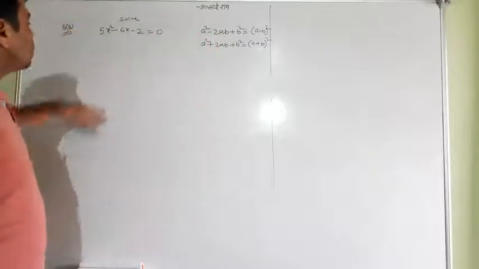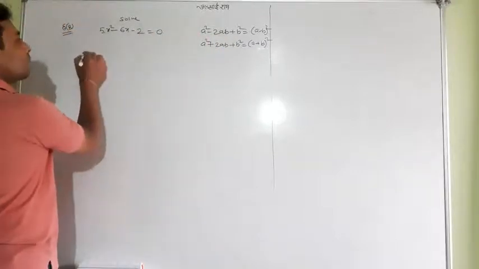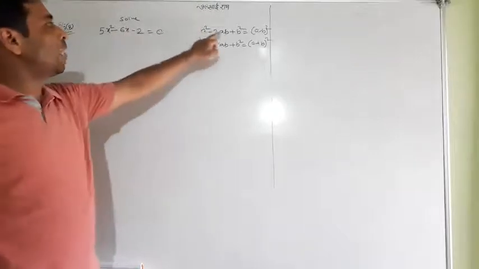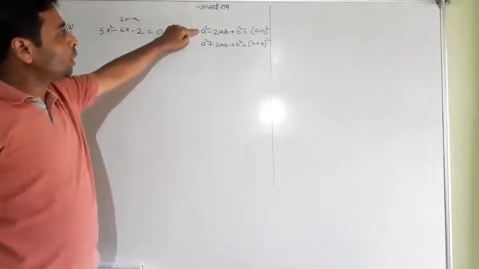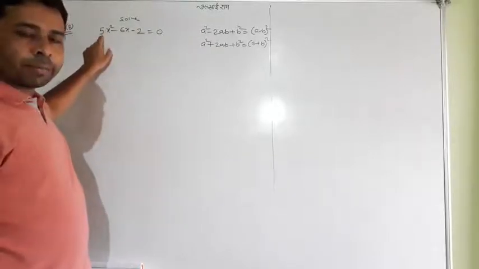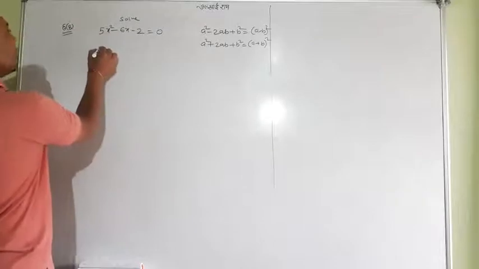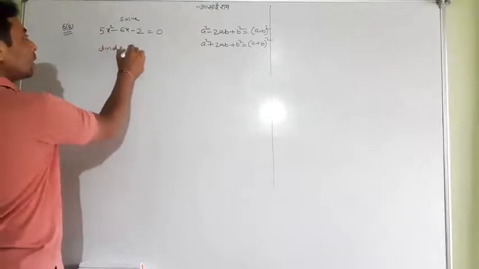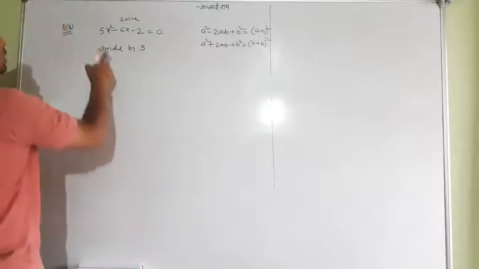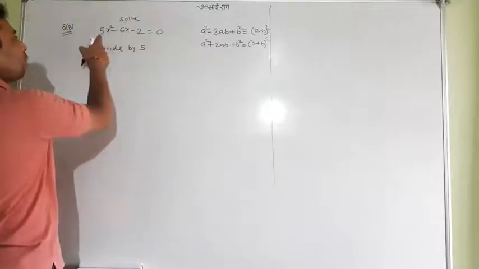So how do I turn this? First I taught you that whenever you want to compare, you want to make this equation like this one, where the coefficient of x square should be 1. Here the coefficient of x square is 5, so first I'll make it 1. On dividing, divide by 5.